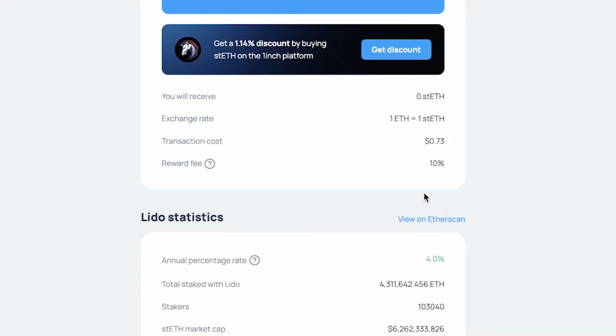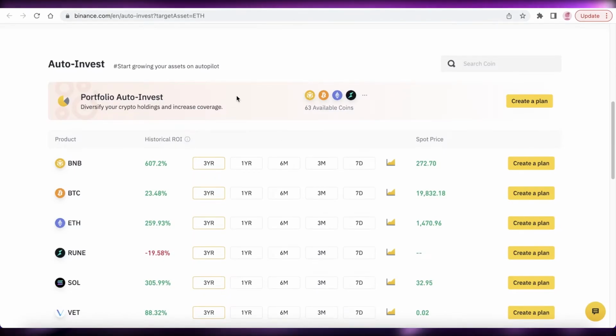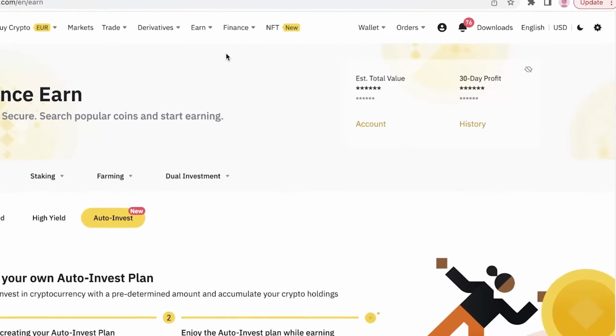So you will be able to see the total staked amount on Lido. Lido is the market leader in this type of staking. So if you want to provide liquidity for these staking platforms, this is a great way for you to do so.